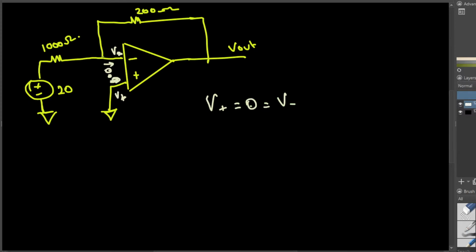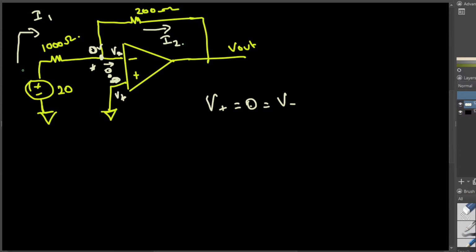Okay, now let's apply KCL right here at this node. Since the voltage here is 0 volts, if I take the current to be this side, let's call this one I1, and let's say this is I2.